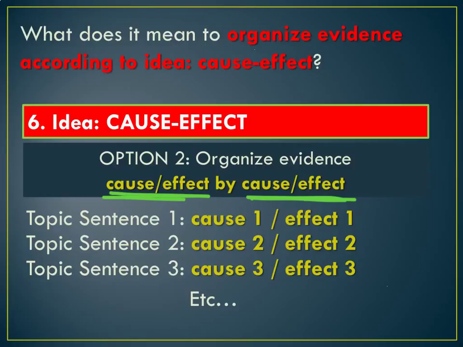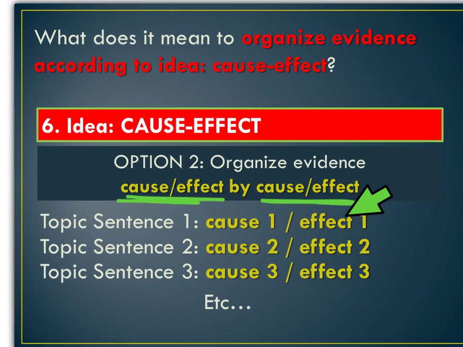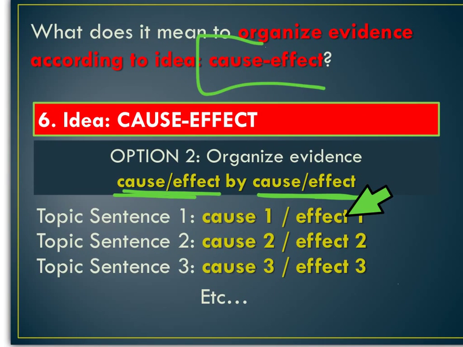So, in other words, that means that in each topic sentence, you are going to focus on a distinct cause and effect. So, cause 1 and effect 1 in topic sentence 1, cause 2 and effect 2 in topic sentence 2, etc. So before we go any further, I really need to stress, though, about this particular kind of argument, cause-effect, that this is probably one of the most difficult essays to write.